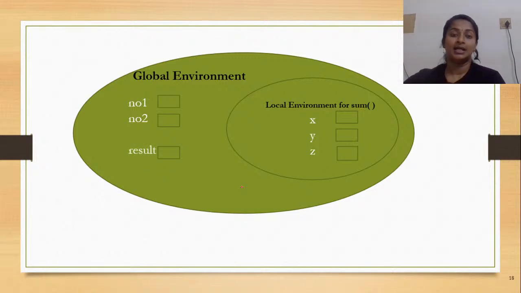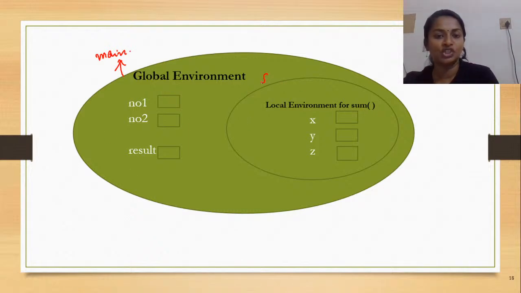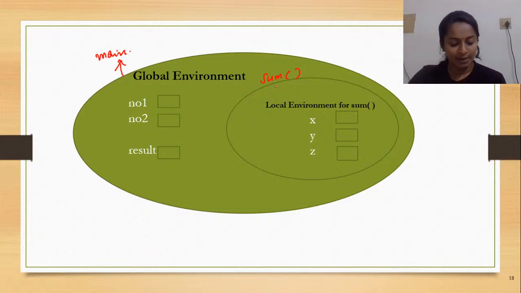Now see this. This is a figure to illustrate the global and local environment. Now the global environment with respect to your program. This is actually the main program. Inside the main program you are trying to access the function sum, right? Since you're trying to access it, the sum would have a local environment inside your global environment, right?